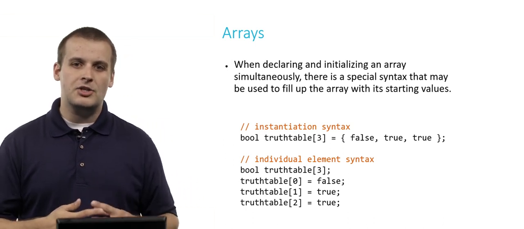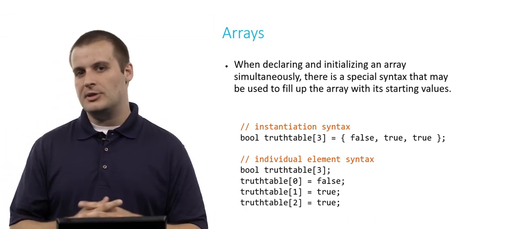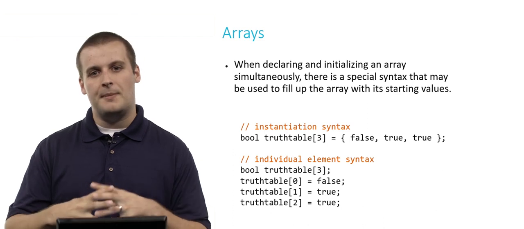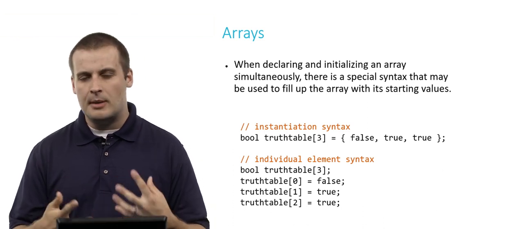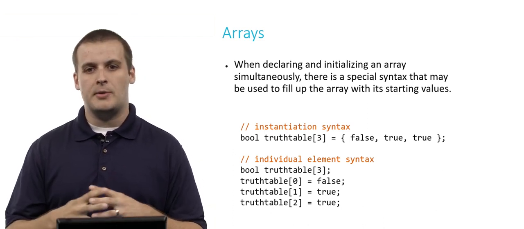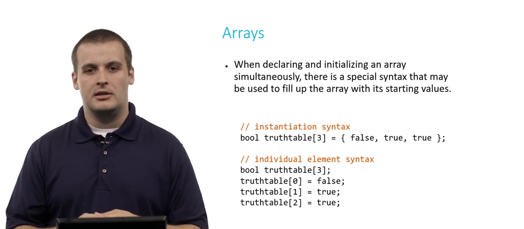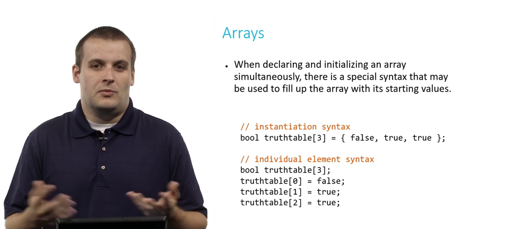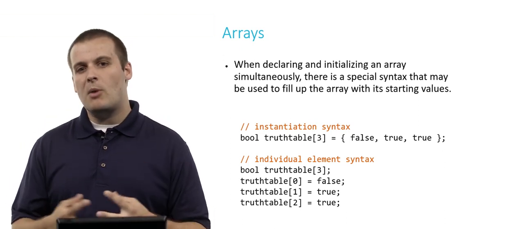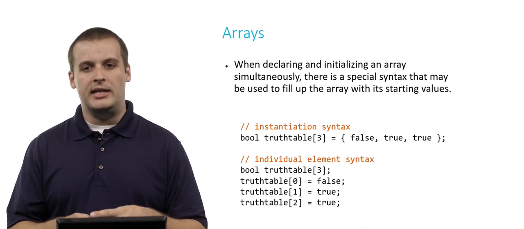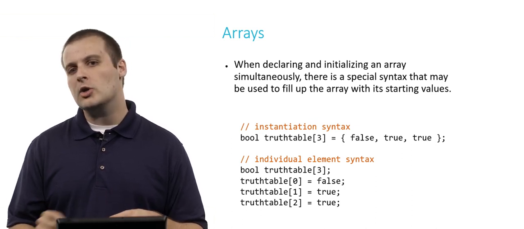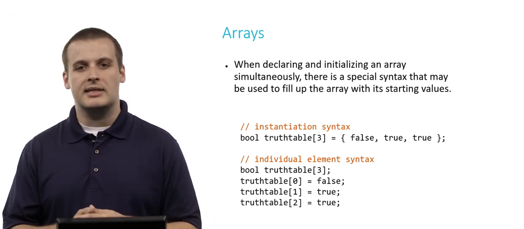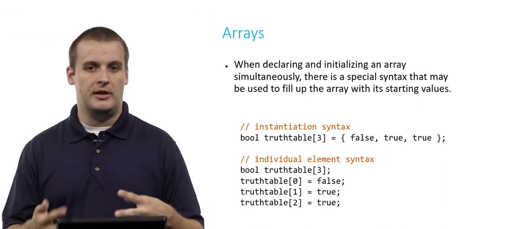Now, when you declare and initialize an array simultaneously, there's actually a pretty special syntax that you can use to fill up the array with its starting values. It can get kind of cumbersome to declare an array of size 100 and then have to say element 0 equals this, element 1 equals this, element 2 equals that. What's the point, right? If it's a small array, you could do something like this. bool truth_table[3] = {false, true, true}; open curly brace, and then comma separate the list of elements that you want to put in the array.